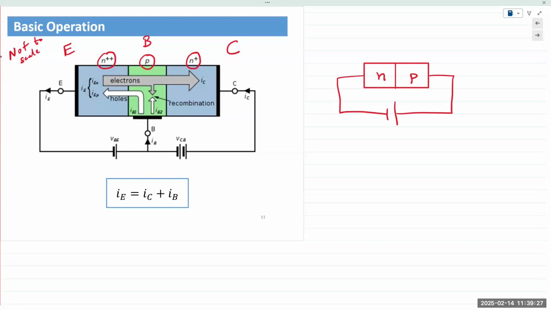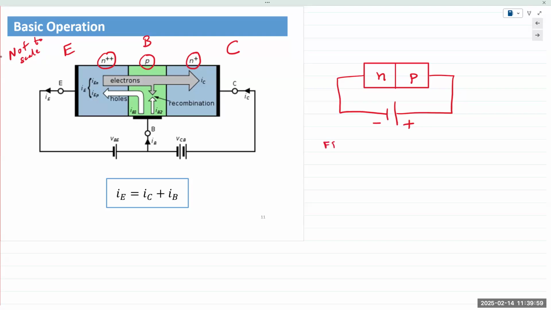There's an NP junction. It's a diode. You forward bias the diode. You have electrons and you have holes, and there's a depletion region in the middle. What happens? Exactly. Yes. So you have majority charge carriers flowing across the junction, right?